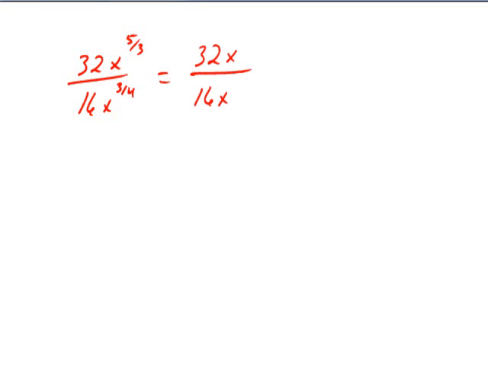I'll use a denominator of 12, so in the first fraction, in the numerator, I'll multiply both of those values by 4 to give me an exponent of 20 over 12. In the denominator, I wanted denominator 12 in the exponent, so I'll multiply the top and bottom of this fraction by 3. I have 9/12. I can divide my coefficients to have 2 out front. X raised to the power of 20 minus 9 is 11. So the original fraction reduces down to 2x to the 11/12 power.